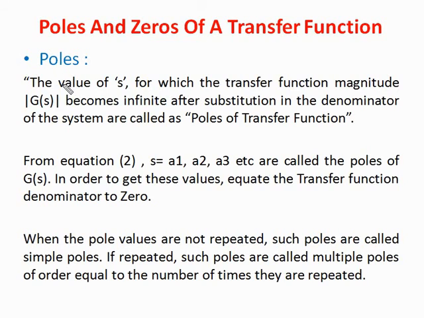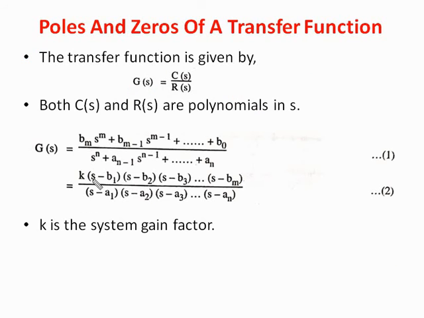Now the poles. The definition of the poles is the values of s for which the transfer function magnitude G(s) becomes infinite after substituting in the denominator of the system. By definition, this is the numerator and this is the denominator.